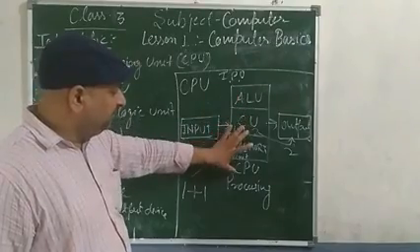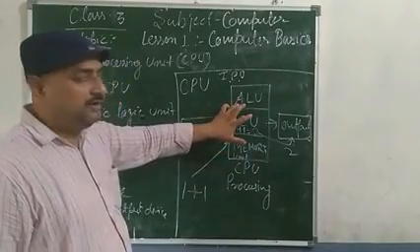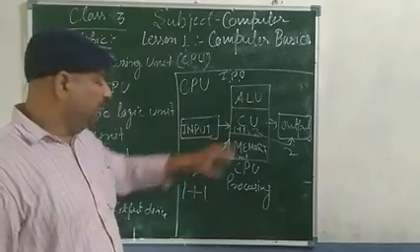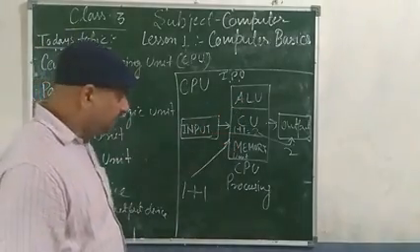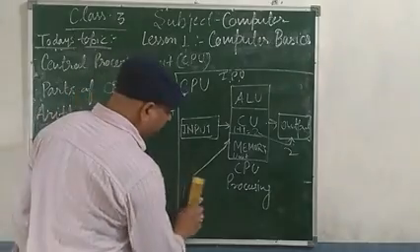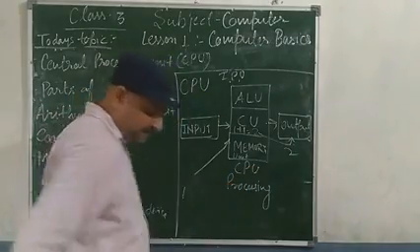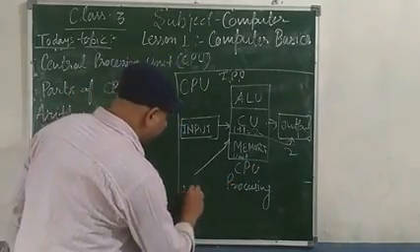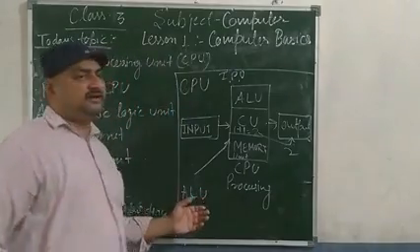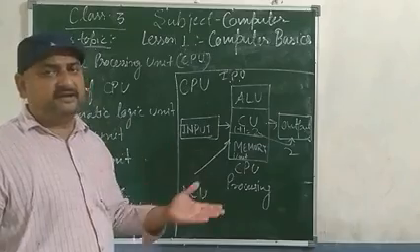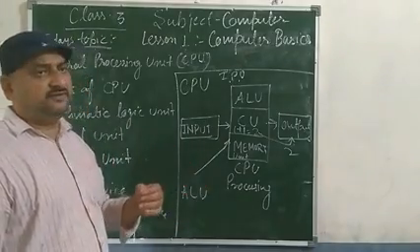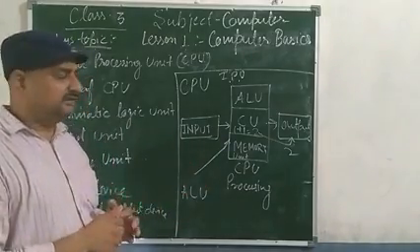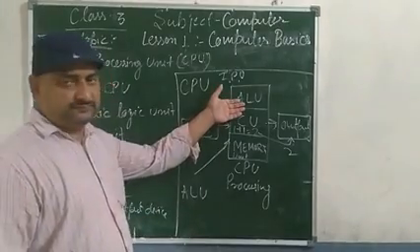The CPU has three parts. First, ALU, arithmetic logic unit. All the arithmetical works, meaning mathematical works, and logical works, meaning decision making works, are done by the ALU.